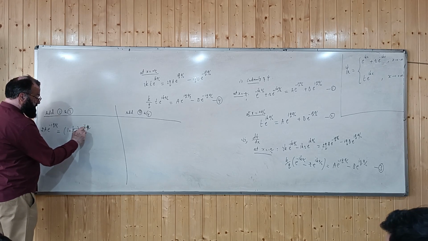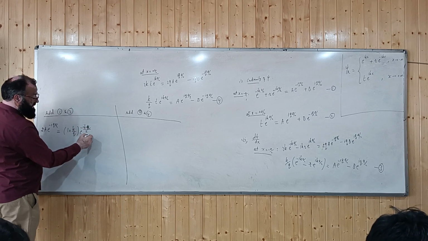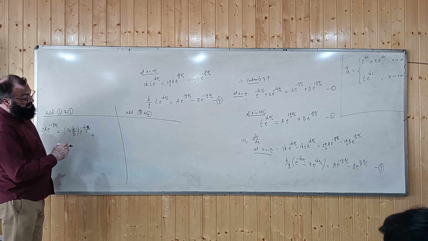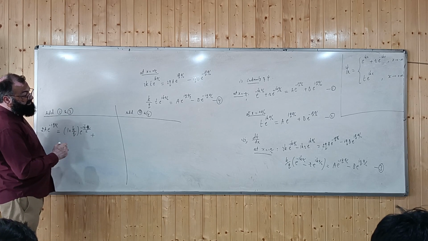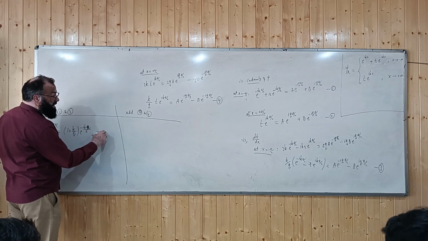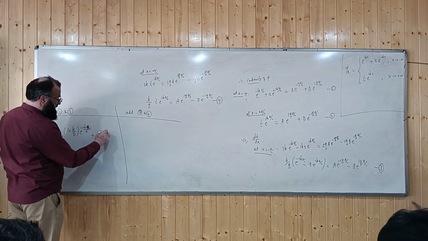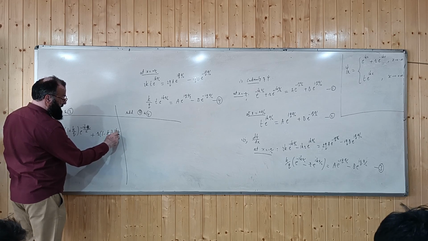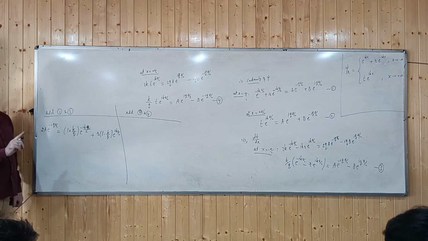Then plus R is the same, so what you have is R into 1 minus k by q, e raised to i k a by 2. Got it?